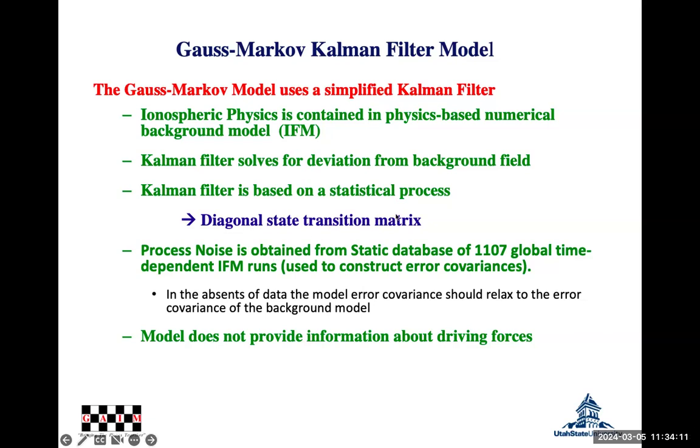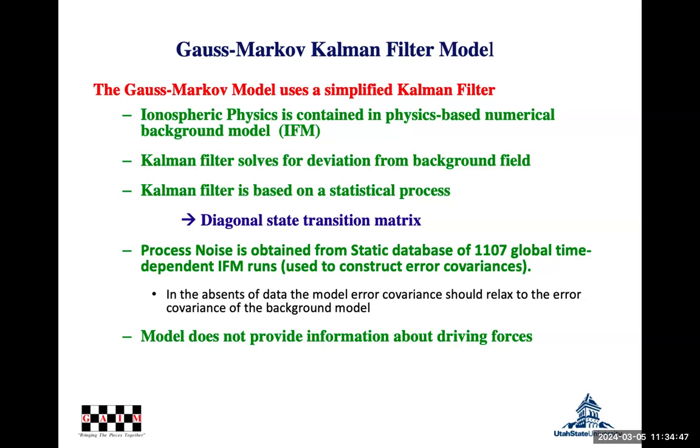Now, when we have a diagonal state transition matrix that uses a statistical process, you still have to worry about process noise. For example, you might wonder, how do you get that? And we get that from a static database, where we have done over 1,000 global, independent, time-dependent runs of the model under different driving forces. So we cover the variation in the ionosphere with this, and we use this to construct the process noise, and that's, of course, then used in the error covariances.